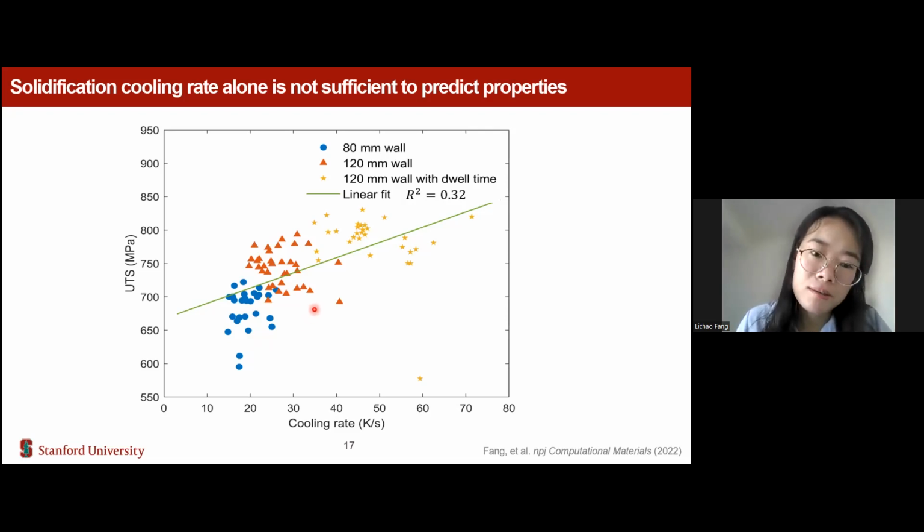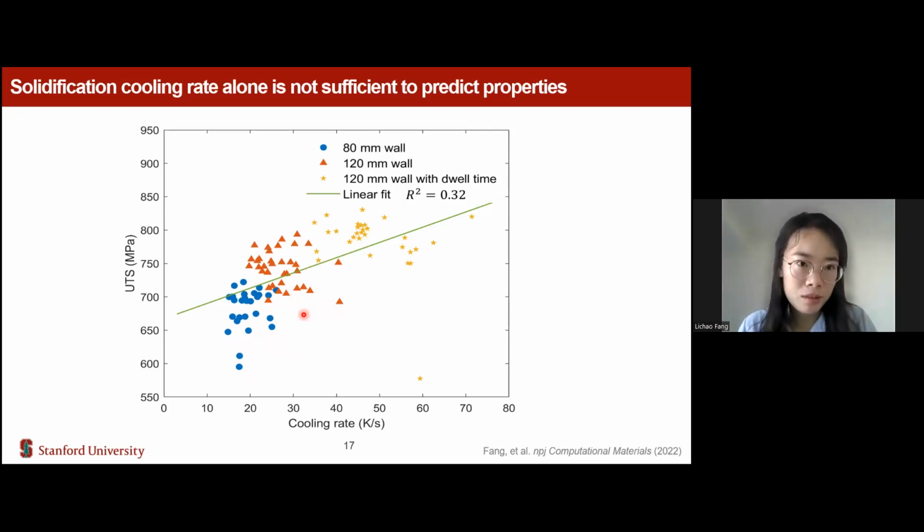Generally, we can see a trend of increasing strength with increasing cooling rate, but when we use a linear fit, the R-squared is only 0.3. That indicates that the correlation between the cooling rate and the UTS is not perfect, and it means that maybe the solidification cooling rate alone is not sufficient to predict the properties.